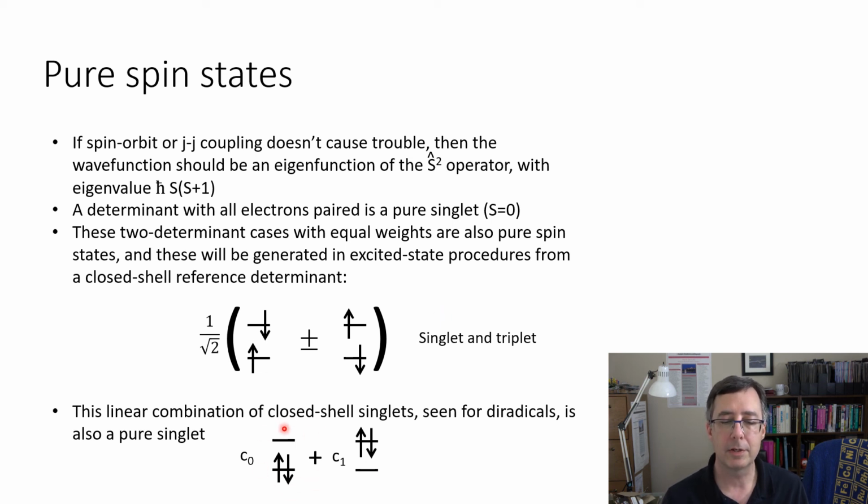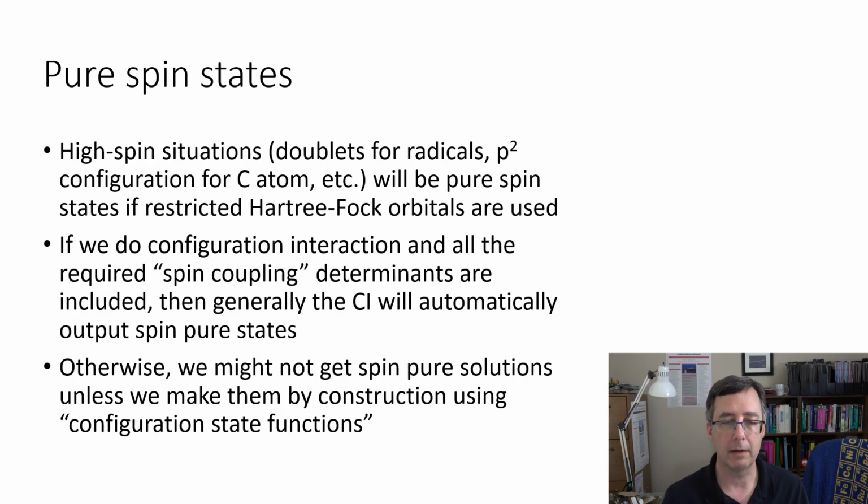I mentioned this a second ago, if you had a diradical and did a TCSCF or MCSCF on it and mixed these two determinants that are both singlets, then the mixture of two singlet determinants is also a singlet. So that's fine. It's spin pure as well. So those are all okay.